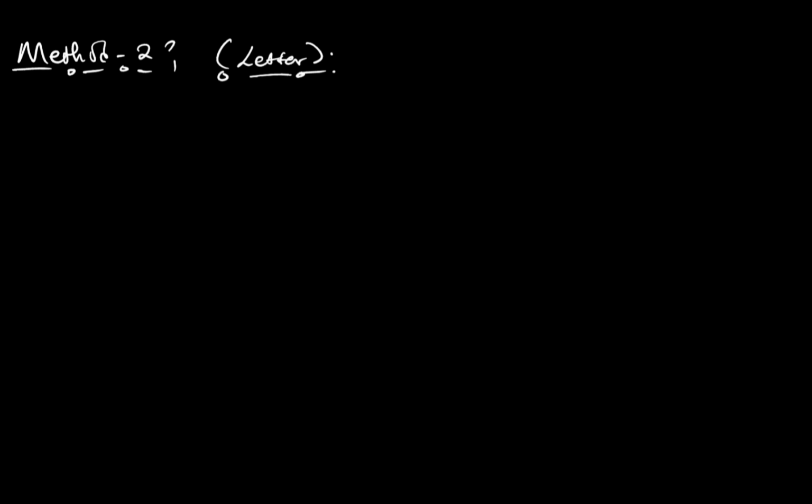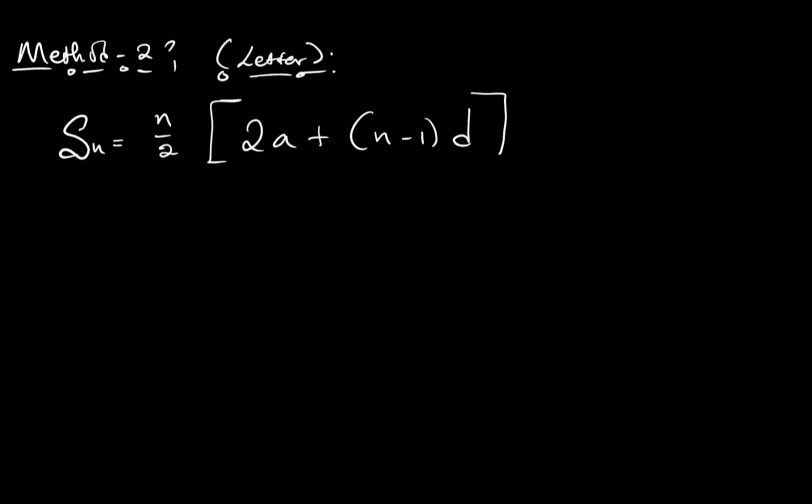Okay, so we know that we want to end up having S sub n is equal to n over 2 open square brackets 2a plus open parenthesis n minus 1 d, just like that. So this is what I want, isn't it? So let's define some terms here.